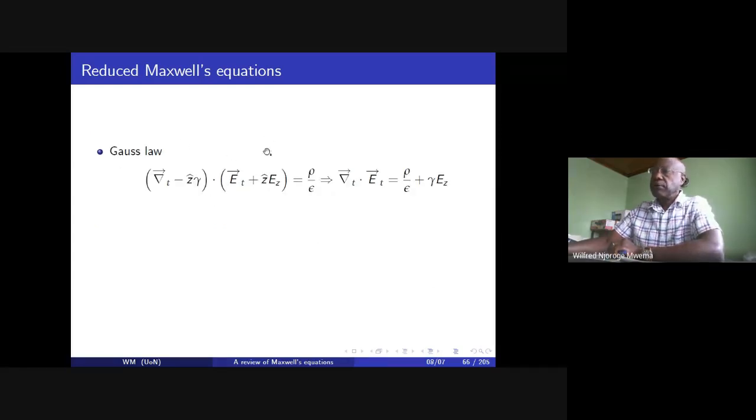In Gauss' law, we again do the same and see that the divergence of D, which we replace by epsilon E, is going to be given by rho over epsilon.